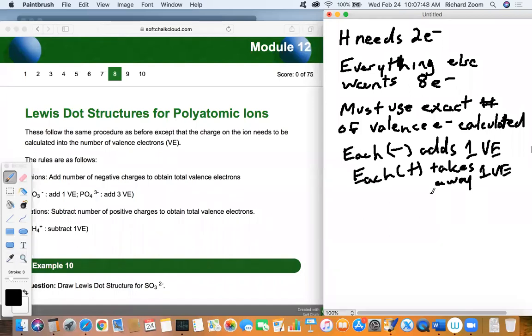Now you've got to remember that electrons are negatively charged, so it kind of makes sense that a negative charge means the addition of one valence electron. So an example here would be SO3 2-, which is a little bit different to what we just did. The one we just did was SO3. So if we do the valence electrons for this, we're going to get 6 for the sulfur, 3 times 6 for the oxygens, and then plus 2 for the negative charge, which comes out to be 26. Does anybody have any questions?